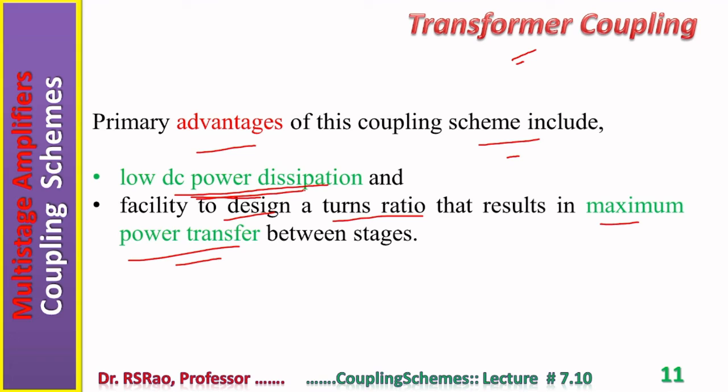So several consequential advantages are there for low DC power dissipation. Another great advantage with transformer coupling is, as already mentioned, maximum power transfer can be achieved between stages with the help of transformer coupling.